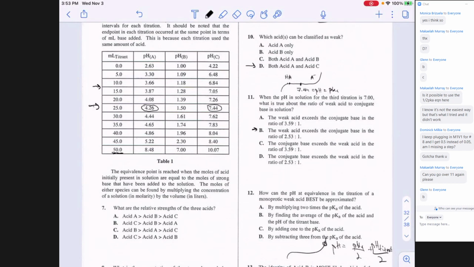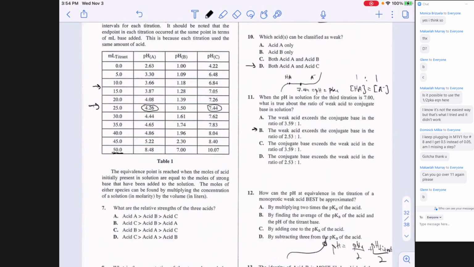If that's the case, that number is going to be closer to 1-to-1, right? So when we're at the half equivalence point at 7.44, we know that the concentration of acid to concentration of conjugate base is literally 1-to-1, right? And 7's awfully close to 7.44.